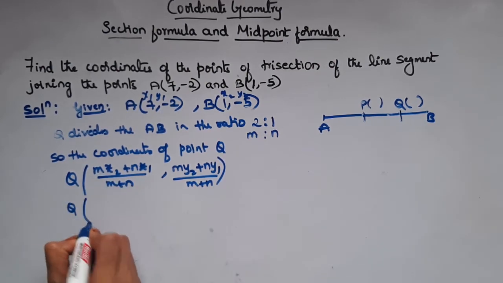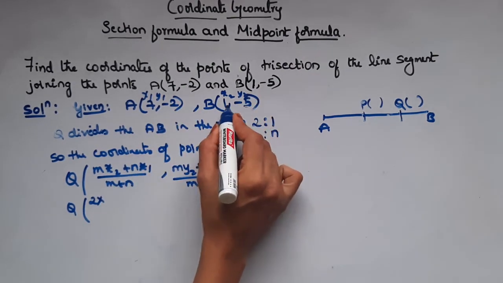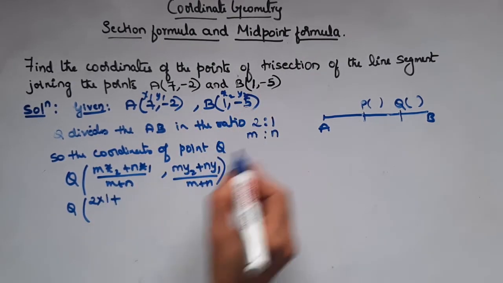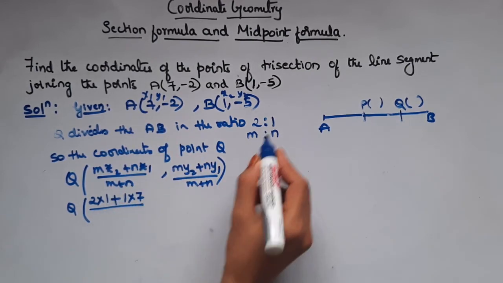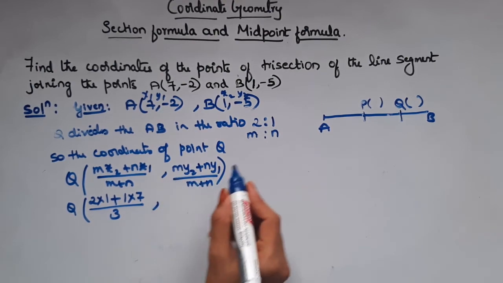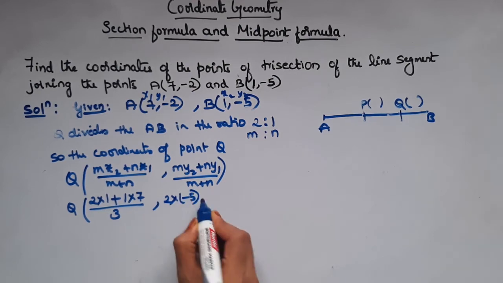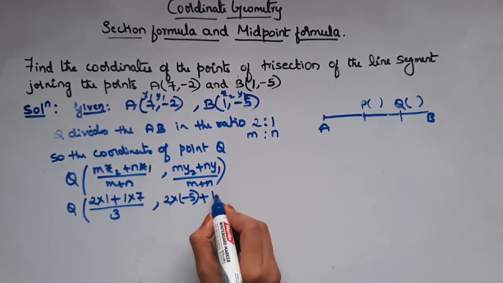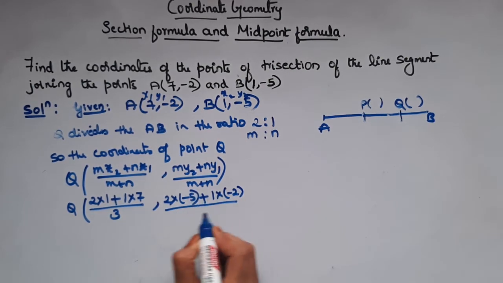We have Q of m here is 2, so 2 into x2 is 1 plus n here is 1 into x1 here is 7 by m plus n is 2 plus 1 is 3. Similarly, my2, so m is 2 into y2 is minus 5 plus n is 1 into y1 here is minus 2 by m plus n is 3.